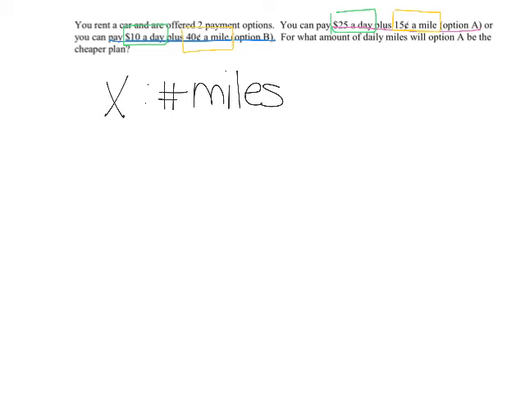All right, so we have $25 a day plus 15 cents. I'm going to write 15 cents a mile, that's X, plus. What you're looking for is your X, and your coefficient is the number that's being multiplied to your X. That's what helps you know that the miles is the coefficient, plus $25.